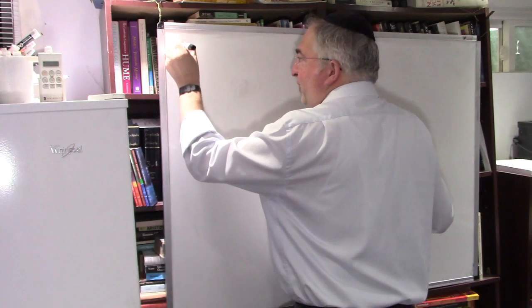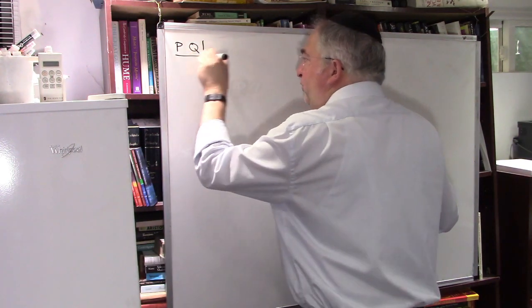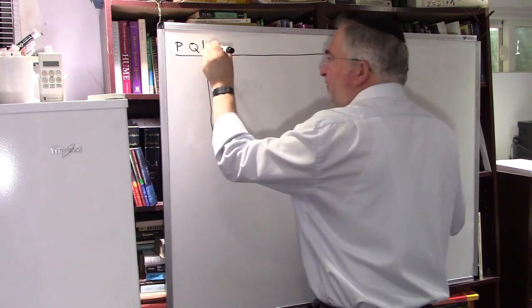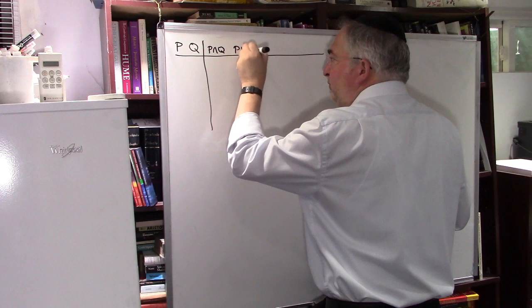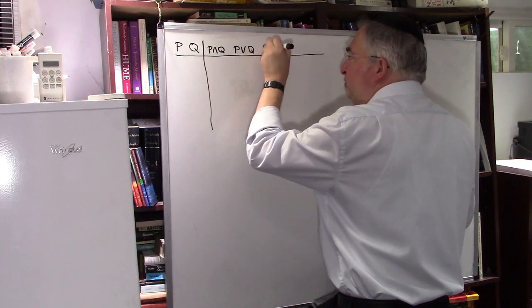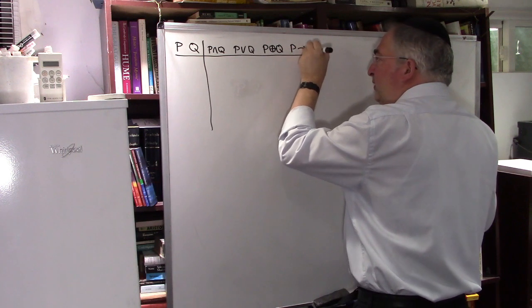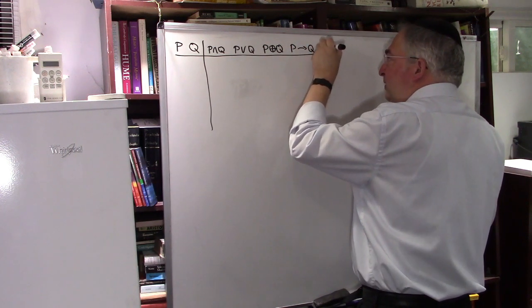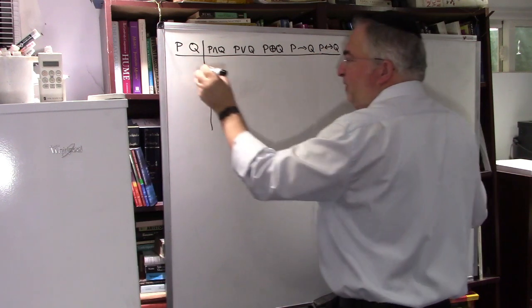If you have P and you have Q, let's look at all the possible operations you can have. You can have P and Q, P or Q, P exclusive or Q, P arrow Q, P double arrow Q. Let's see what possibilities we have.